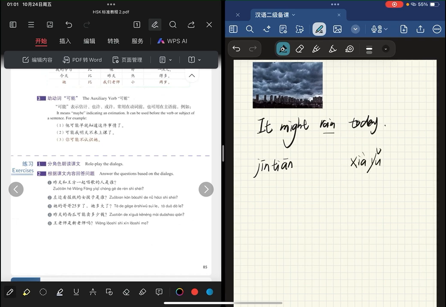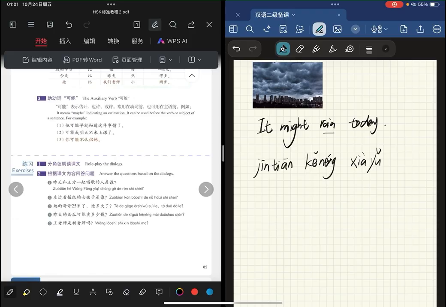So it's might rain today, and we add 可能, because we don't have 100% certainty that it definitely will rain today, right? So we can add might. It might rain today.